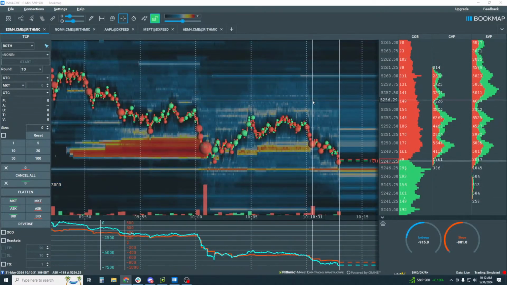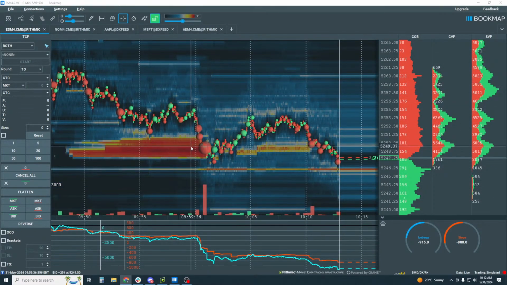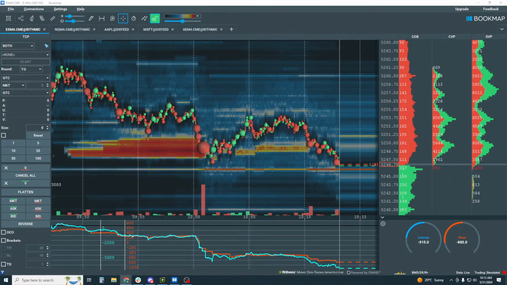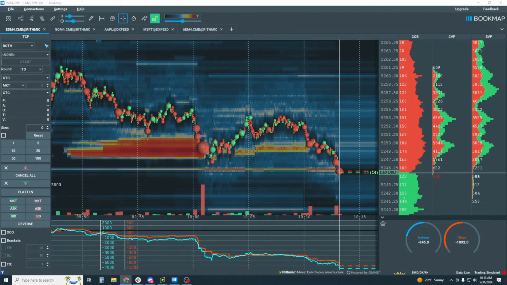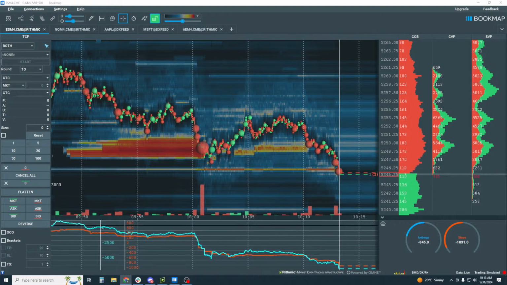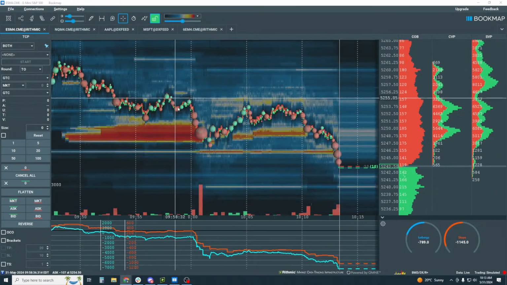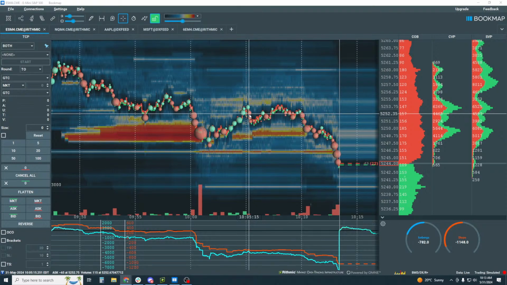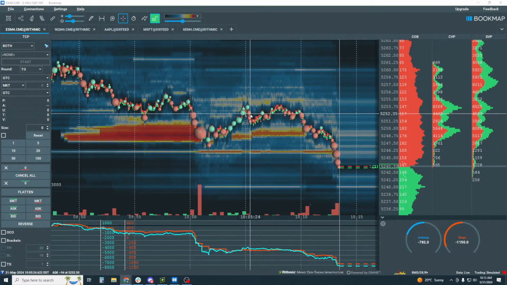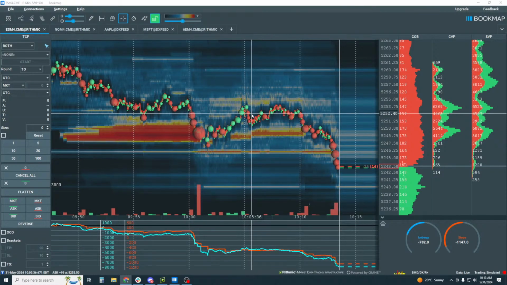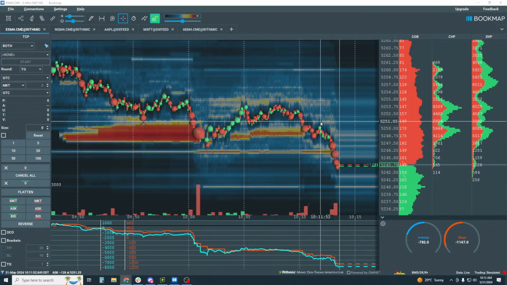All right, let's jump in here. Look at this wall of liquidity in here. We had some fundamental data this morning. We had the PCE, and it was less than expected, and that's what a lot of traders have been looking for. However, you can see how things have changed a little bit. What was good for the market was knowing that the Fed will lower rates in the near future or in the summertime.